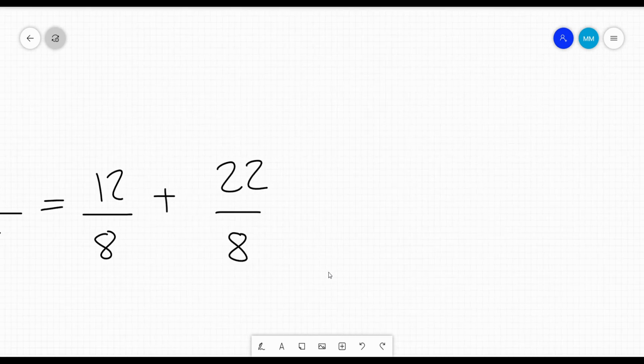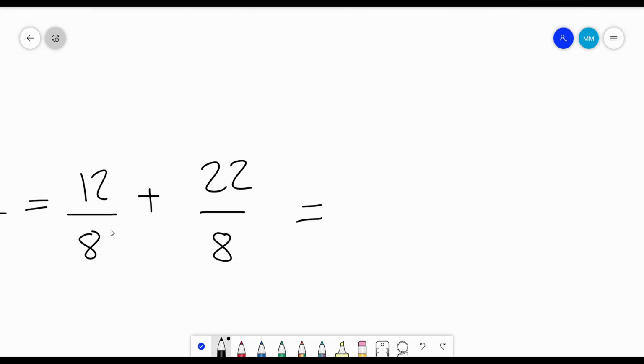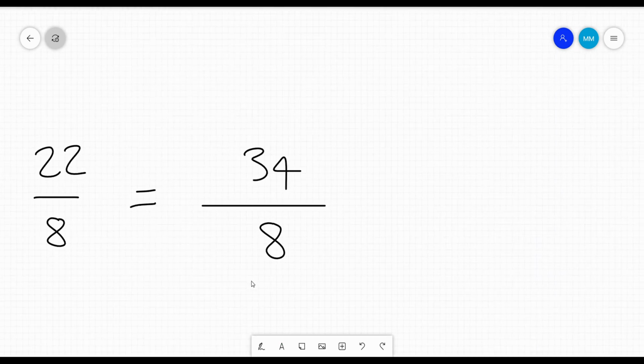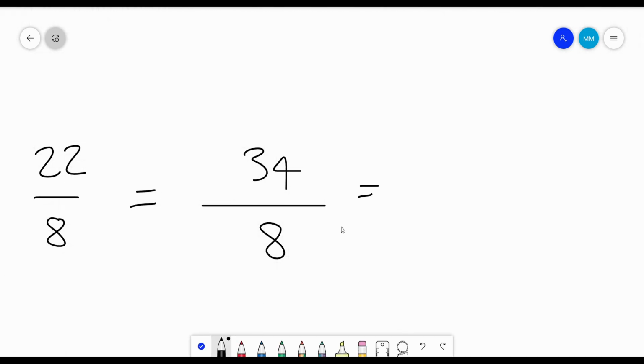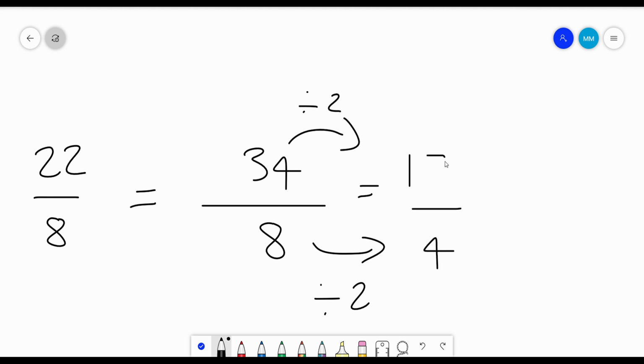We then write 8 in there. 12 plus 22 equals 34. Can we simplify? Yes, we can. We divide by 2. So that gets us 4 over 17. Sorry, 17 over 4. Apologies.